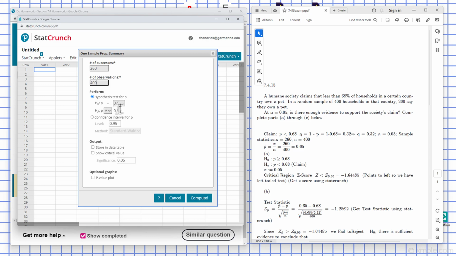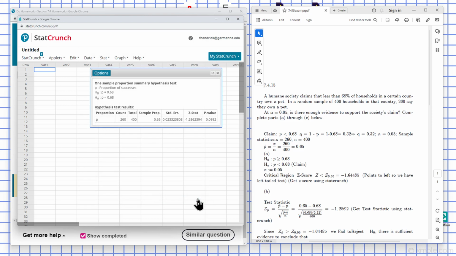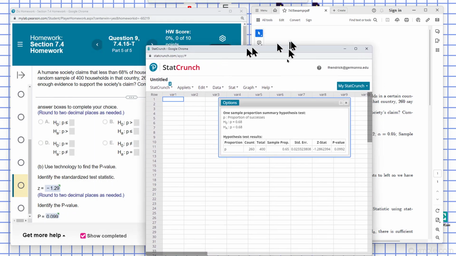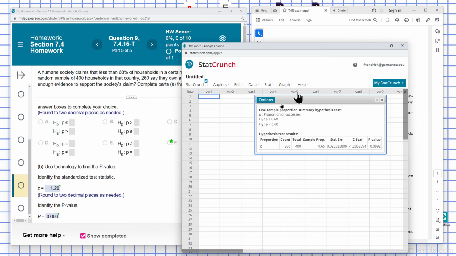All right. Set up my hypothesis test. So less than there, and here is 0.68. And then hit compute. So now we can see what our test statistic is and the p-value that goes with it. There's our test statistic and the p-value that goes with it.